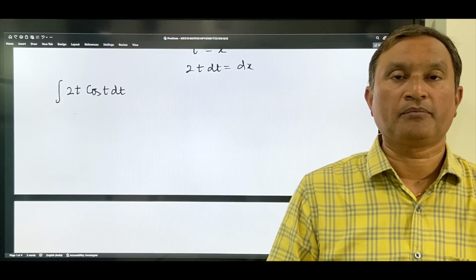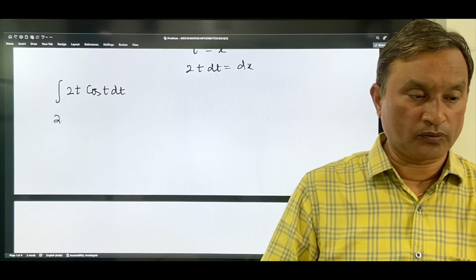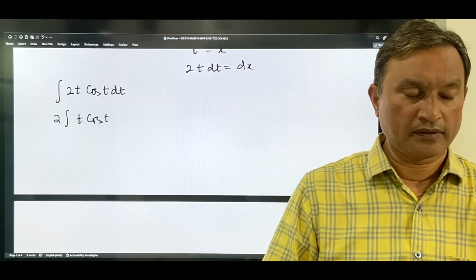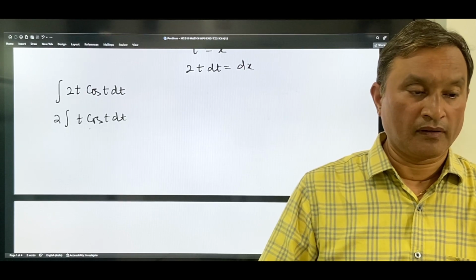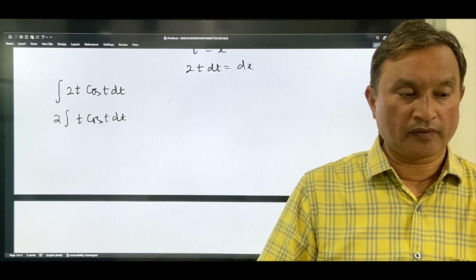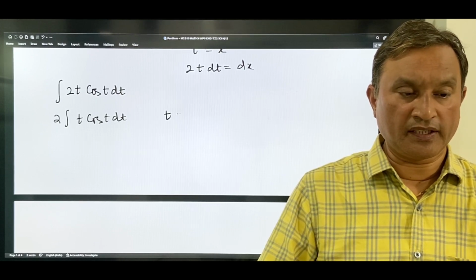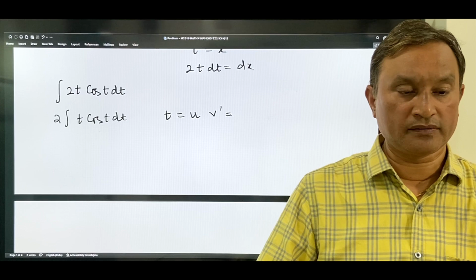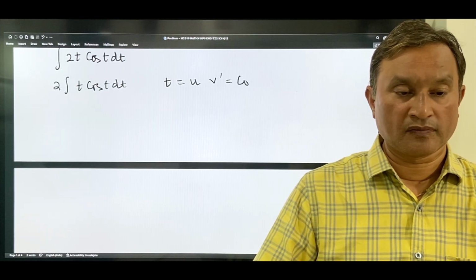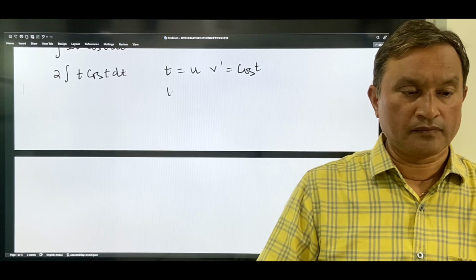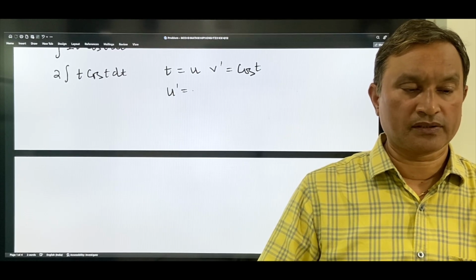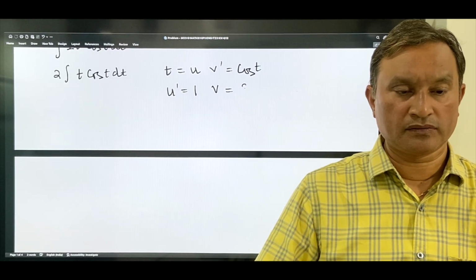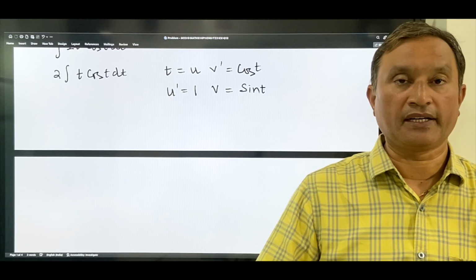Now we will apply integration by parts here. So 2 times the integral of t cos t dt. We will assume t equals u and v dash equals cos t. Now u dash equals 1 and v equals sin t.